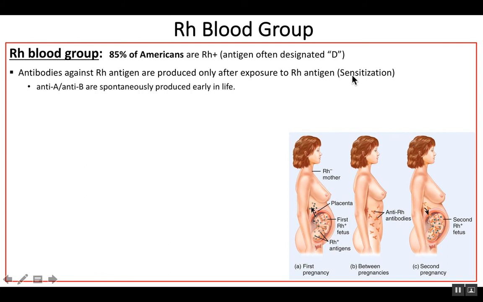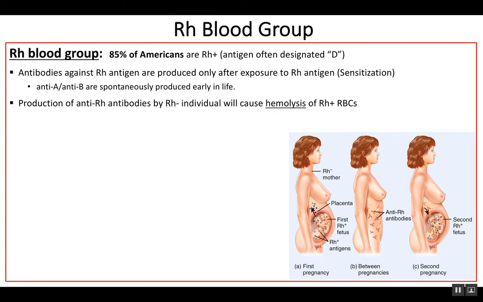Whereas with the ABO, it's spontaneously produced early in your life. So you have these antibodies, even though you've never been exposed to the A or B antigen. Production of anti-Rh antibodies by an Rh negative individual will cause hemolysis, just like the incompatibility that might occur with the ABO system.